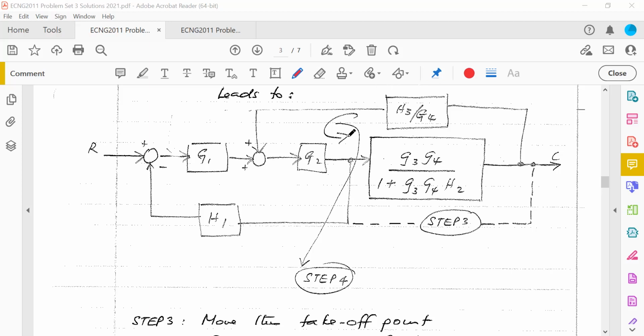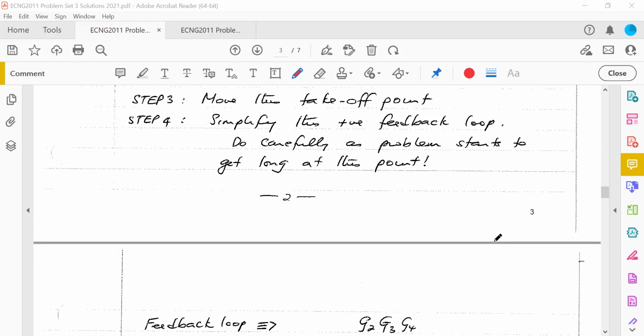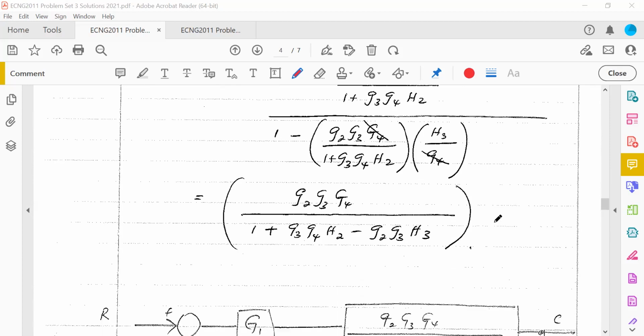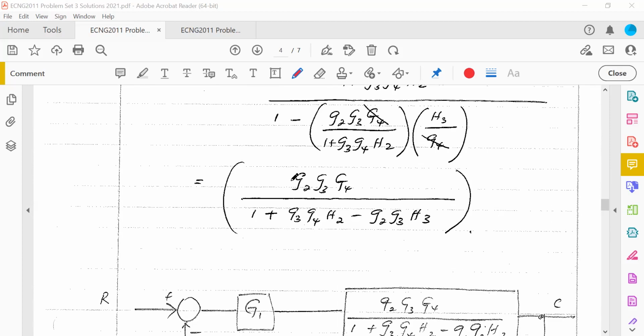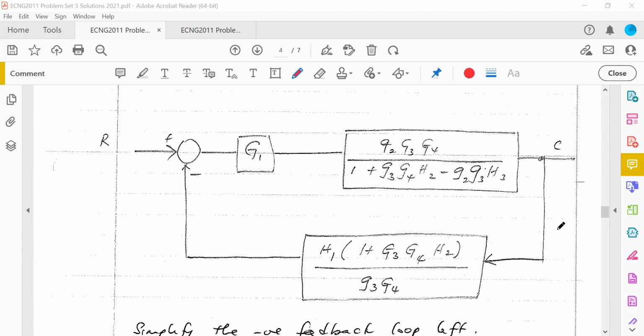So it's going to be whatever this simplifies to be, over 1, because it's a positive feedback loop, 1 minus this divided by that. Right? And this is where it starts to get a little bit long. So the feedback loop, when you simplify it now, you eventually get this and the negative sign coming up because it's a positive feedback loop.